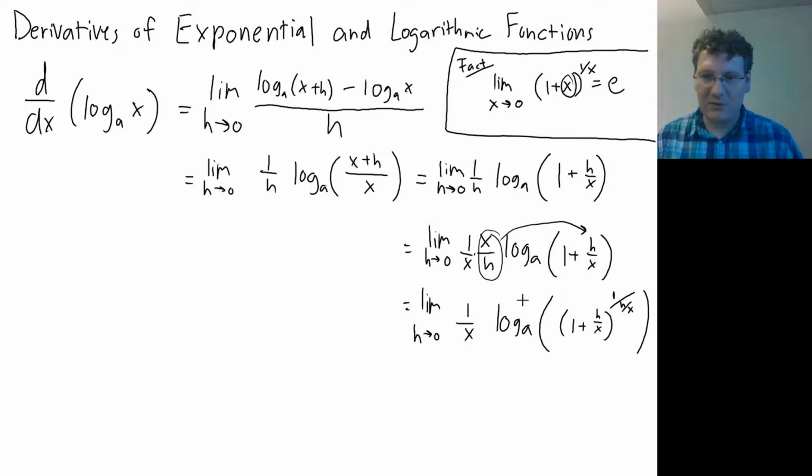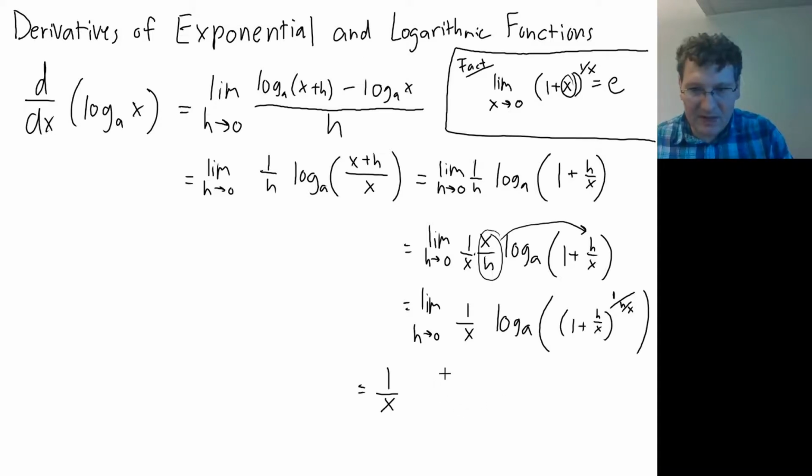Now we're going to use a property of the limits of logarithms, the fact that a logarithm is a continuous function, and move the limit inside. 1 over x has no h's involved, so that can just come out front and stay out front. Then we have the logarithm.